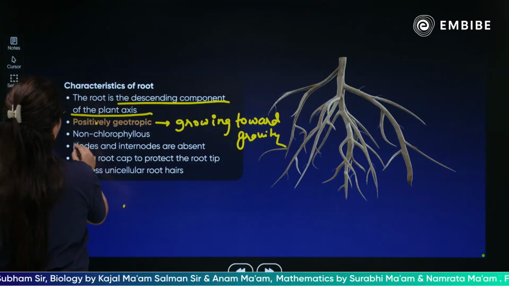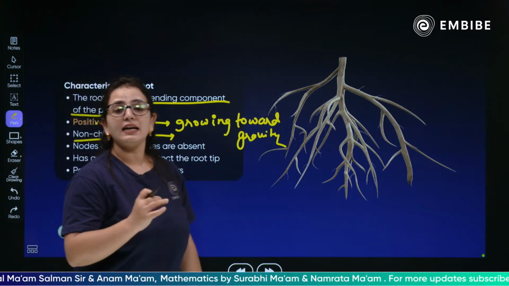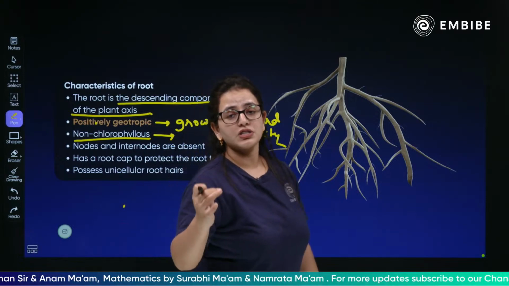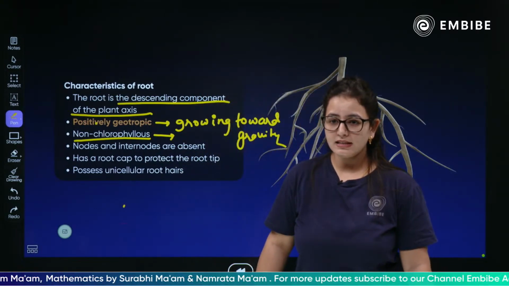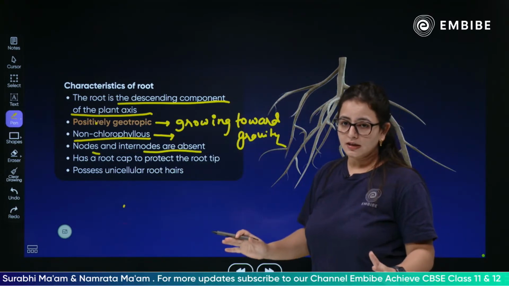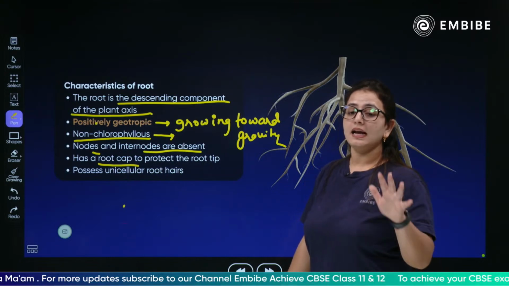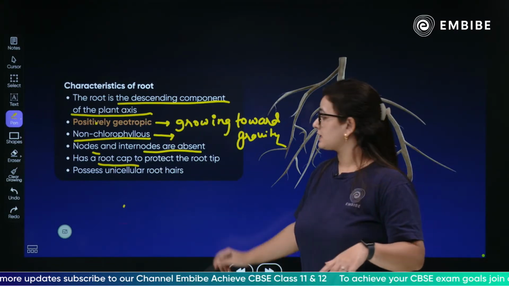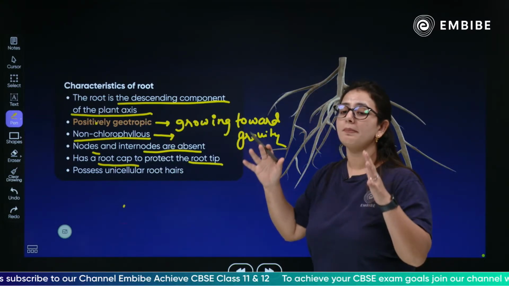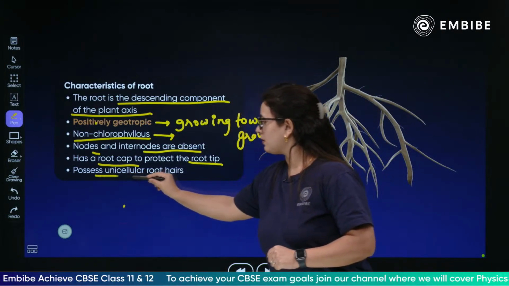Non-chlorophyllous. What is non-chlorophyllous? There is no chlorophyll present and it is not involved in photosynthetic activity. The nodes and the internodes are completely absent and it has a root cap, which I have already told you about. It has a root cap which protects the root tip and also limits its growth, and it has unicellular root hairs.